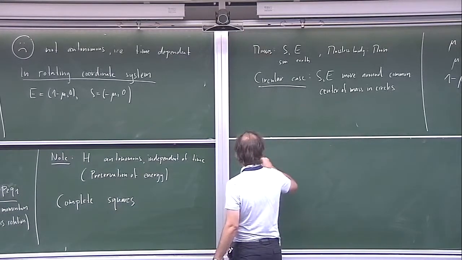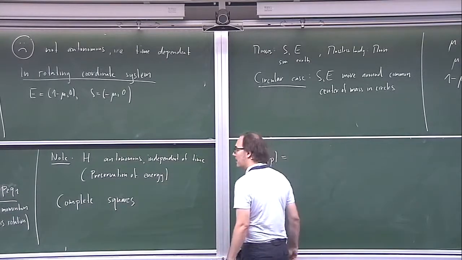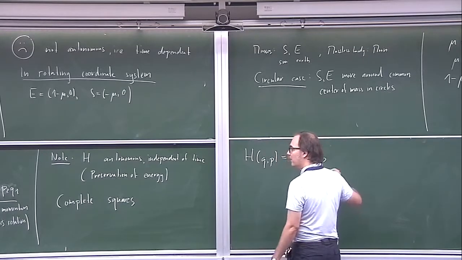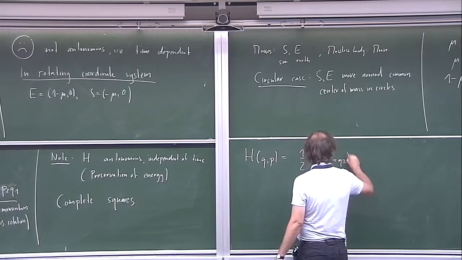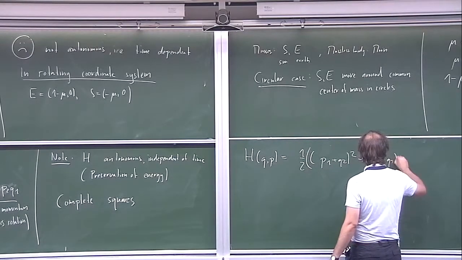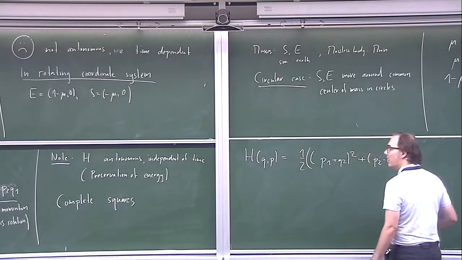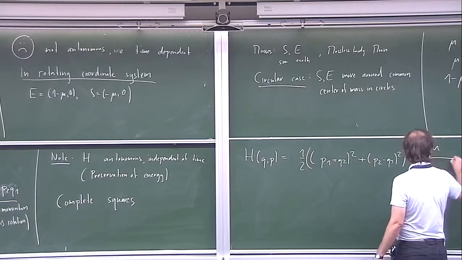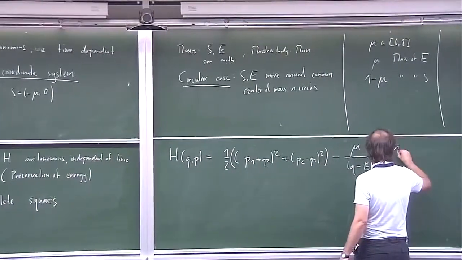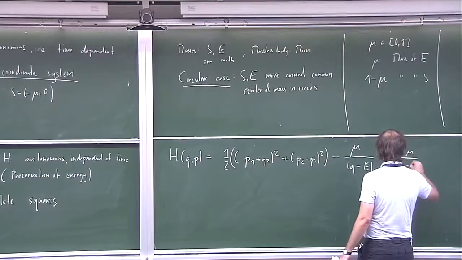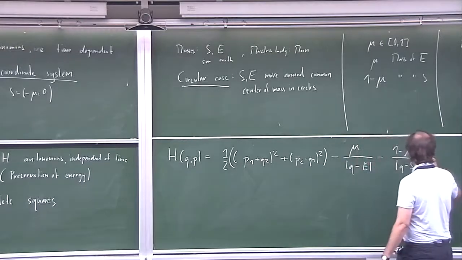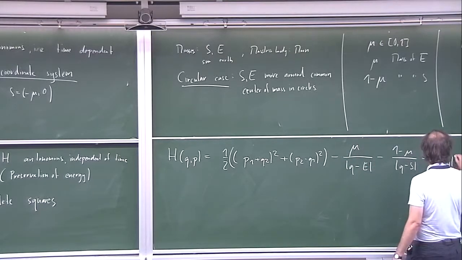So I write H(Q,P) as 1/2 ((P1 + Q2) square + (P2 minus Q1) square) minus mu over the distance to the Earth, minus the mass of the Sun divided by the distance to the Sun, and because I completed the square, I have to subtract 1/2 Q square.